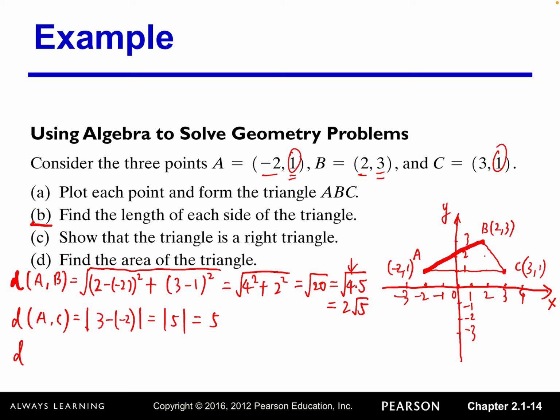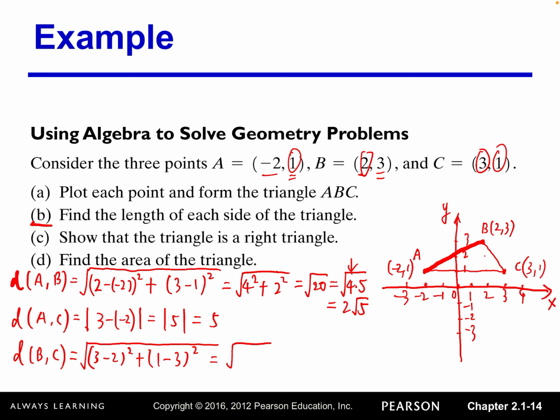Okay, now let's find the distance between points B and C. That's square root of, for BC, the difference of the two x coordinates, 3 minus 2, squared, plus the difference of the two y coordinates, that's 1 minus 3, squared.